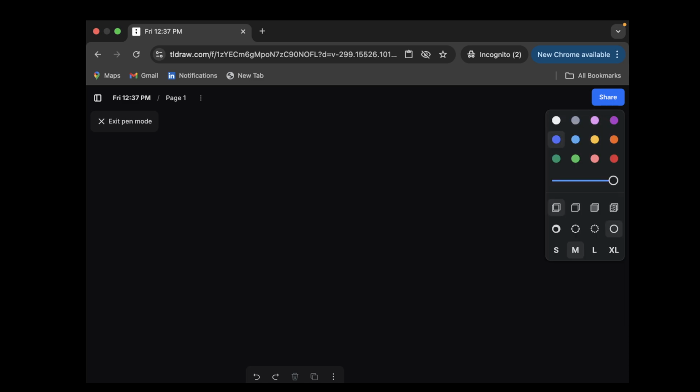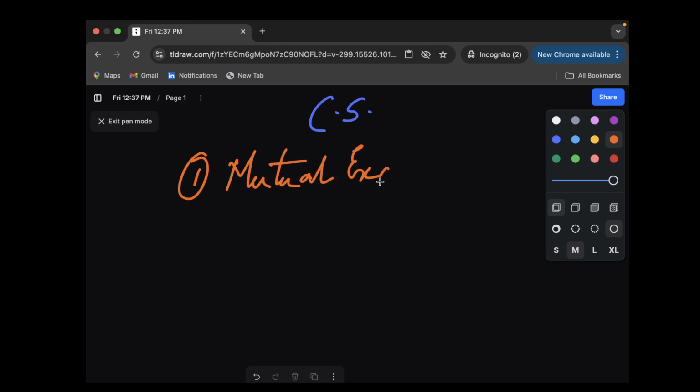So the solution to the critical section is first to do mutual exclusion, right? Our question is how to achieve it.